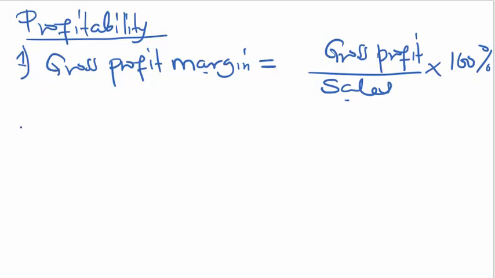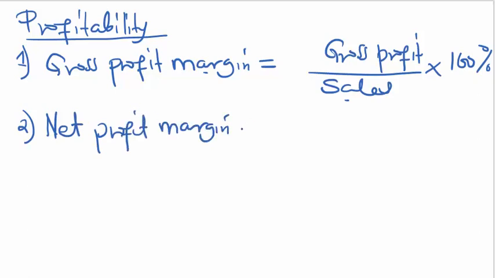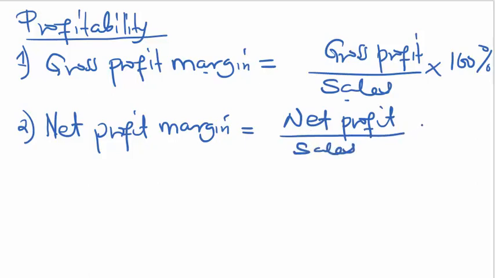Okay, so the next ratio, which is the net profit margin, is going to be net profit over sales times 100%.